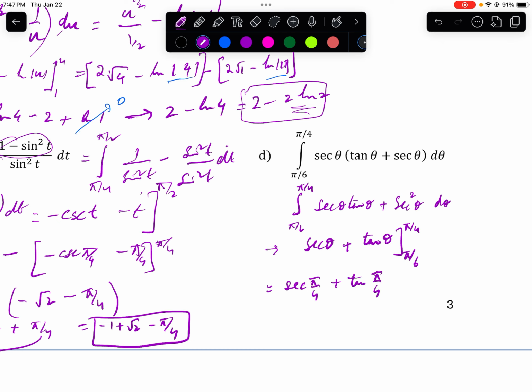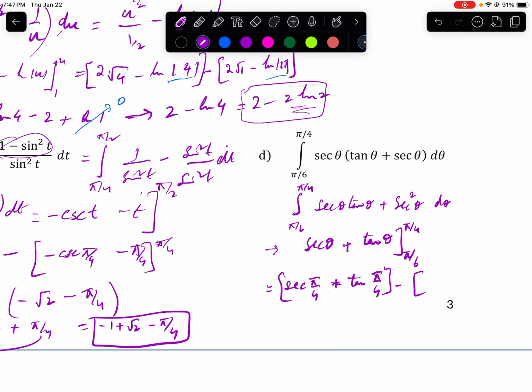Now you should know these values. You shouldn't be plugging them in the calculator and finding, because calculator will give you decimal values which are not accurate. You should know the accurate values of these trig functions. Okay, so this is top limit minus the bottom limit.